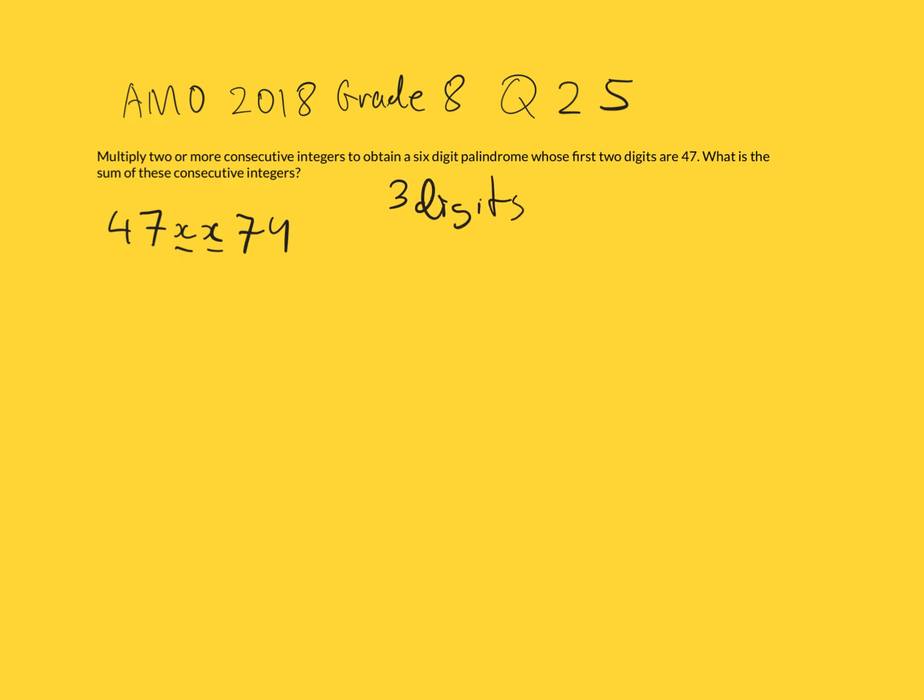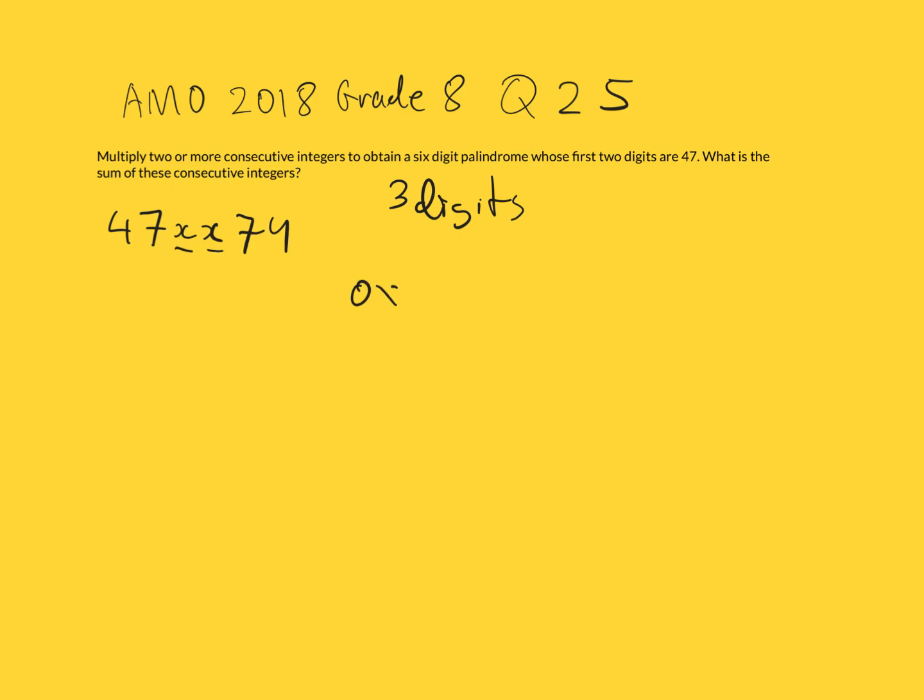Right. So we have to consider the actual multiplications, right? So what we're going to be doing here is considering the multiplies that end with a 4, right?